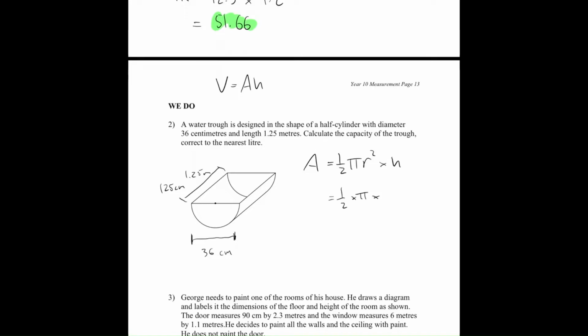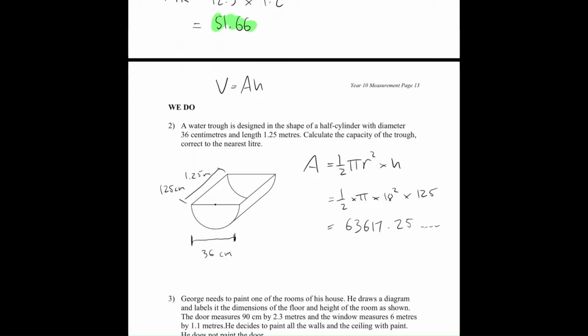Again, I'm not plugging in 36, I'm plugging in 18 and 125. And that will give me, once I put it in my calculator, quite a large number, but that's okay. Let's just go with that. So this is in centimeters cubed.